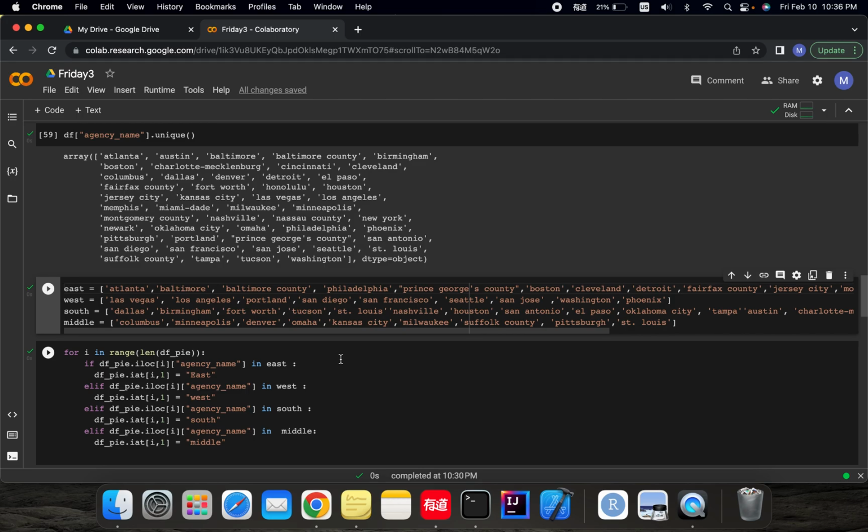So it's actually predictable and expectable that east and south have more records, because in a group they have more elements, they have more cities in there.